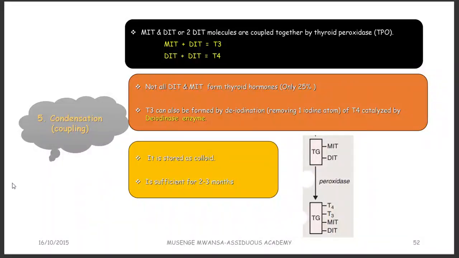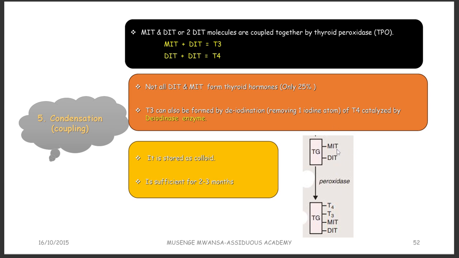What is going to happen next will be the condensation or coupling. In coupling, what is happening is that the MIT, remember this is monoiodotyrosine, and the diiodotyrosine, you can get the mono and the di, you couple them, you add them together. So you are going to have three iodines, right?